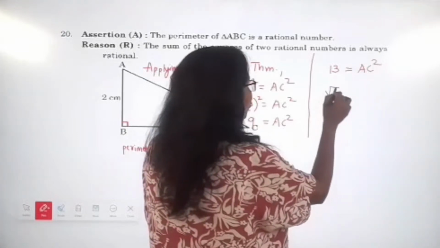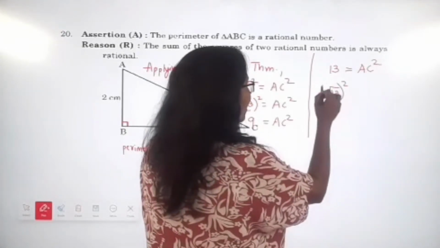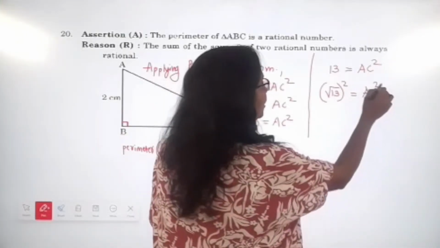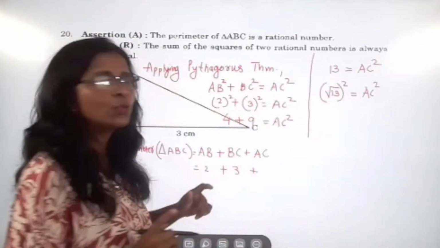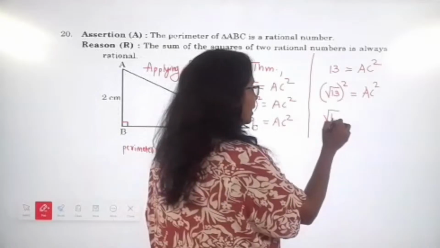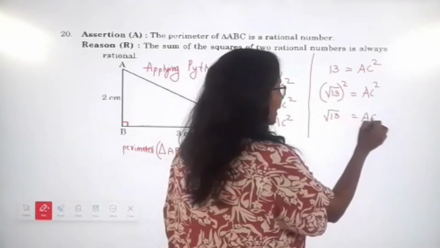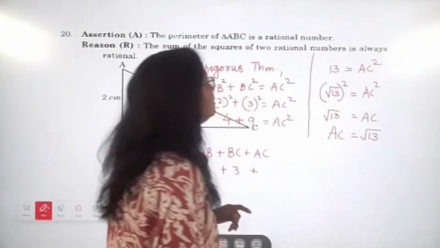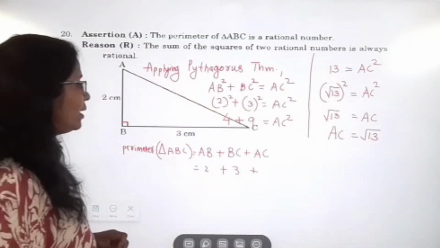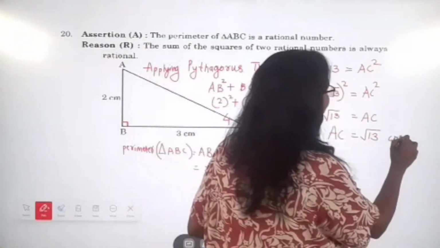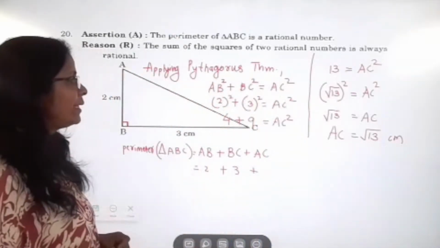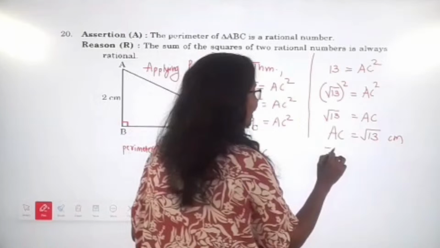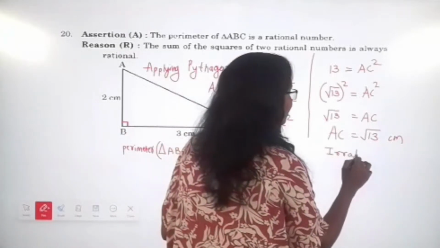Taking the square root on both sides, root 13 is equal to AC. So AC is equal to root 13 centimeter. Now students, root 13 is an irrational number, so AC is an irrational number.